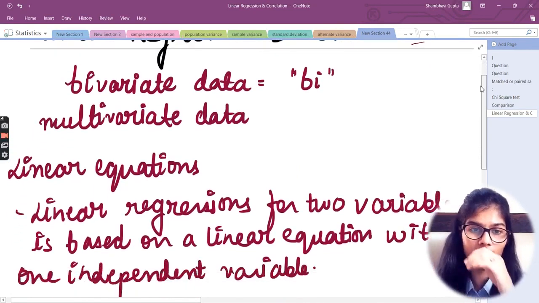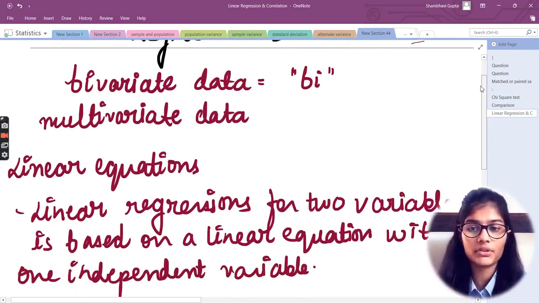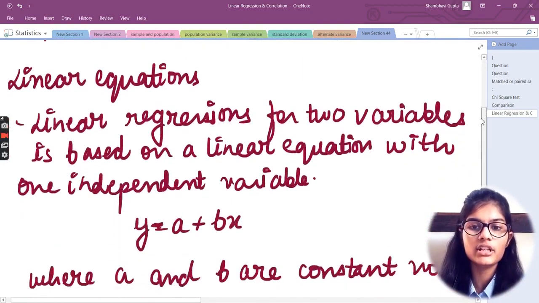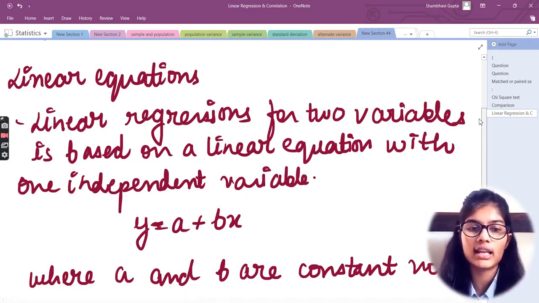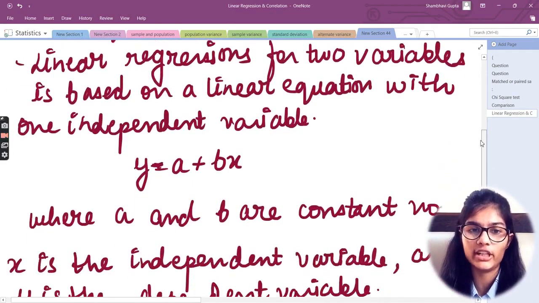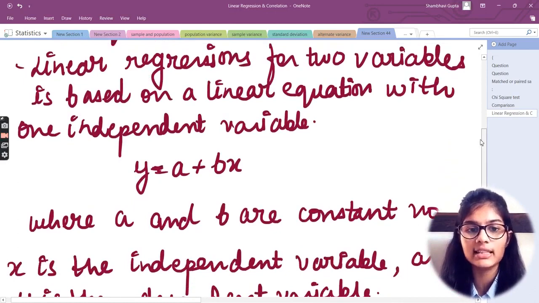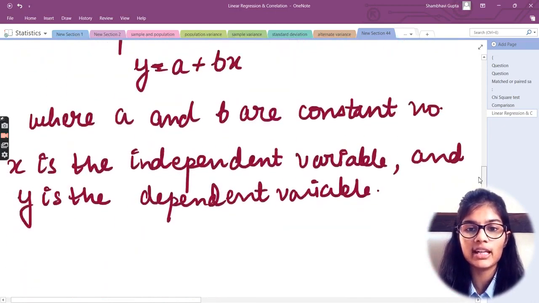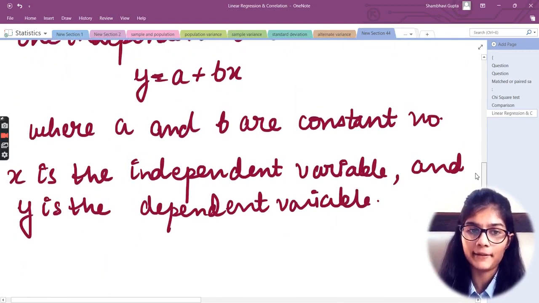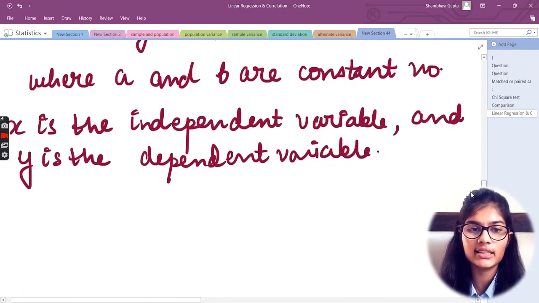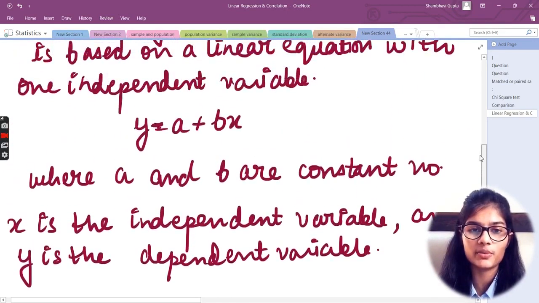Linear regression for two variables is based upon a linear equation which has one independent variable: y is equal to a plus bx, where a and b are constant numbers. What about x? x is the independent variable and y is the dependent variable.